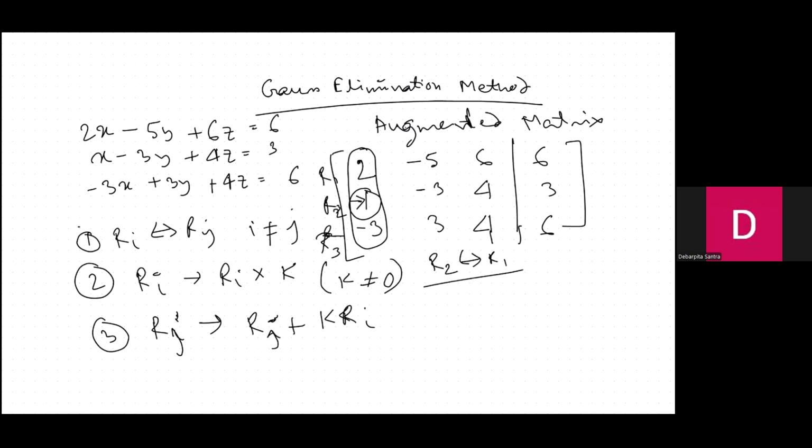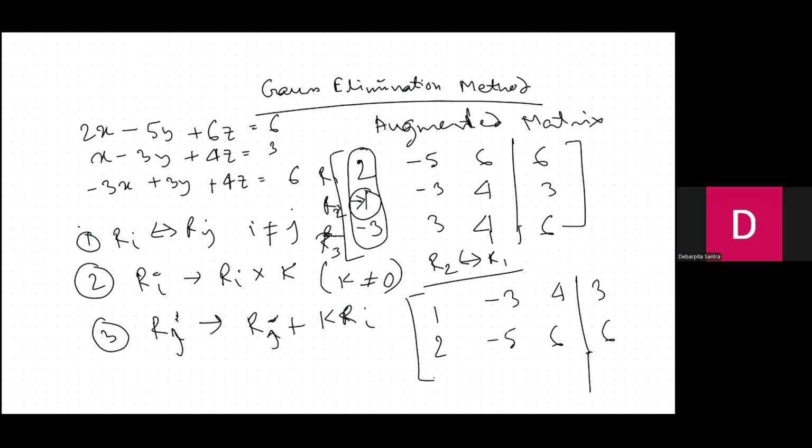Okay. So what we will find? Now row 2 will be placed at row 1. 1, minus 3, 4, and on the right hand side it is 3. Then 2, minus 5, 6, and it is 6.